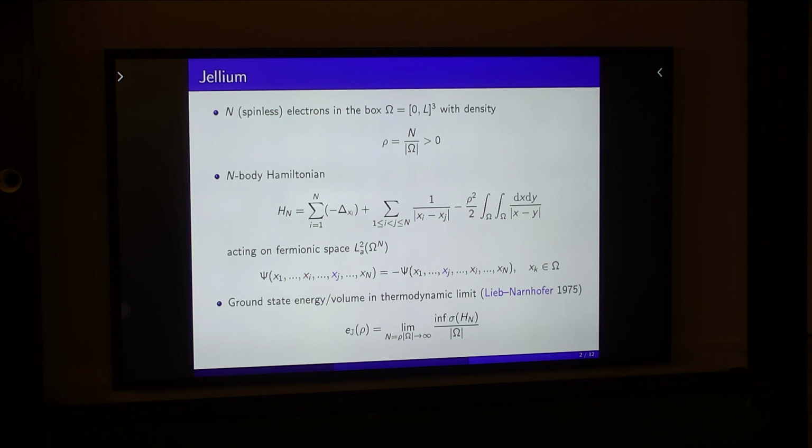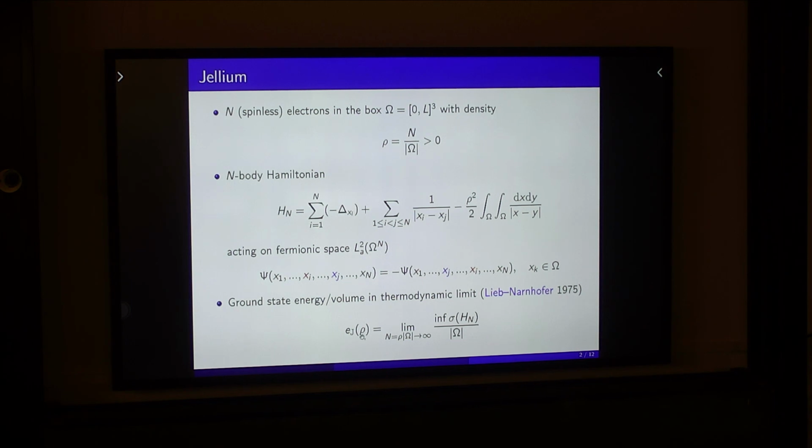Lieb and Narnhofer proved that for this model there exists a thermodynamic limit, meaning that if you look at the infimum of the spectrum, divide by the volume, and fix the density rho and send N or the volume to infinity, then this has a definite limit which only depends on the density rho.